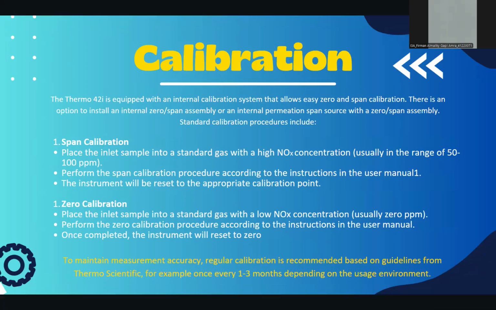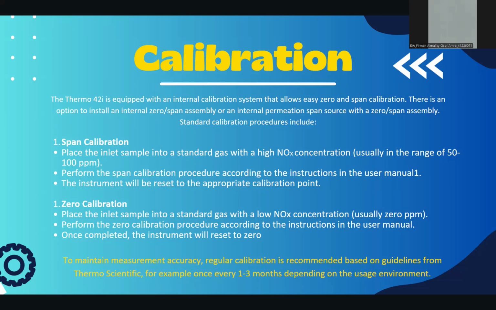Okay, the calibration. Thermo 42i is equipped with an internal calibration system that allows easy zero and span calibration. There is an option to install an internal zero or span assembly or an internal permeation span source with a zero or span assembly.